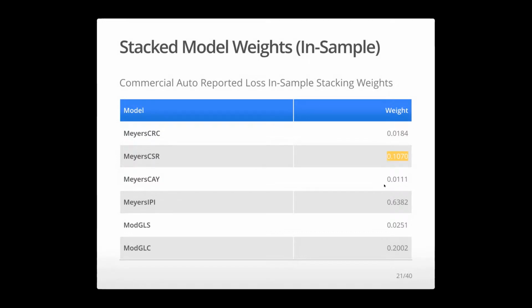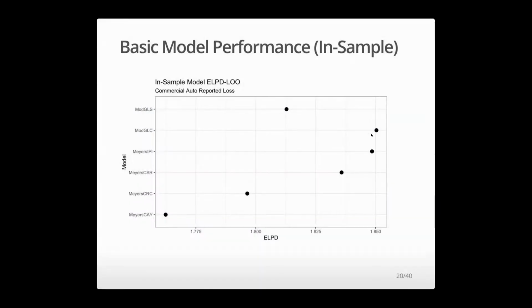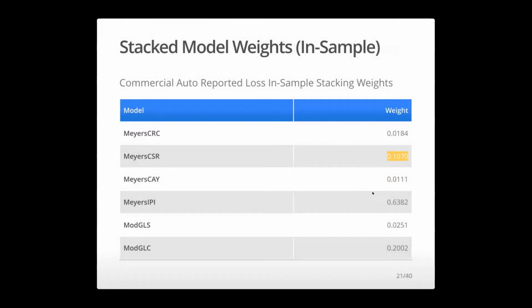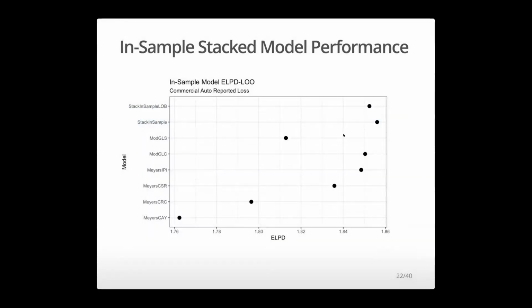The interesting thing here is that, flip back, GLC was the best performing model. IPI was right behind it. But when we look at the model weights that were optimal, we actually see that IPI gets more weight than GLC, which is interesting. I mean, they're the 2 dominant models in the stacked blend at the end of the day. But it turns out the optimum is to put more weight on the runner-up in this case.